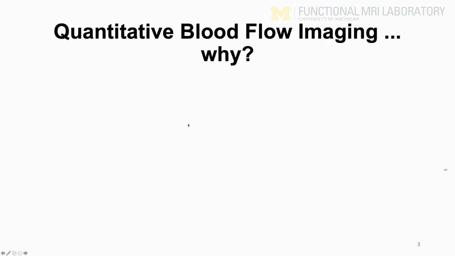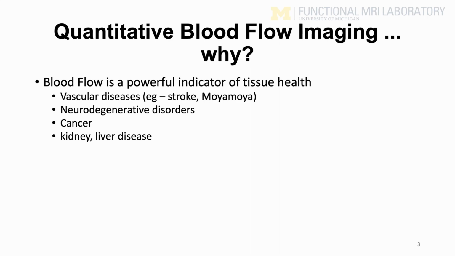by trying to just give a little background of why we're doing what we're doing, and mostly it's that blood flow is a very powerful indicator of tissue health. That's a really obvious statement when you're talking about vascular diseases like strokes or moyamoya or some sort of arteriovenous malformation.